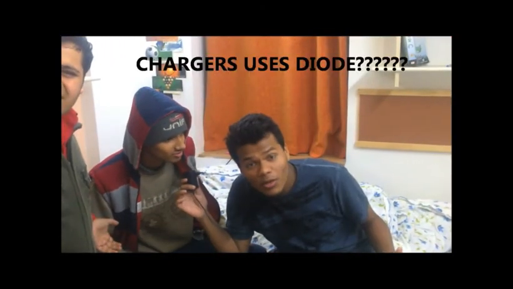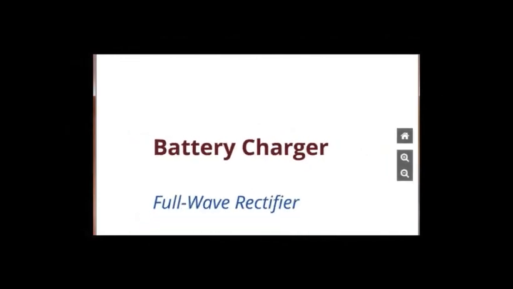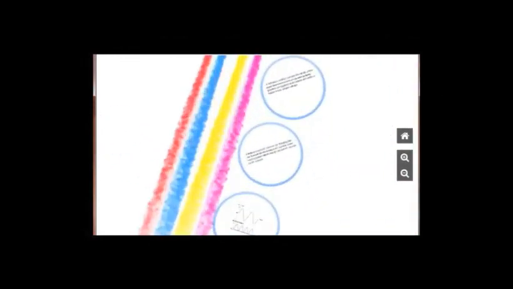Because it uses a diode. A battery needs DC current for charging, but our household electricity is AC current. So we need a system which would convert AC current to DC current. A full wave rectifier converts the whole of the input waveform to one of constant polarity at its output.